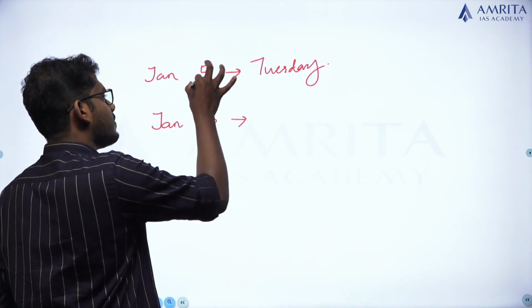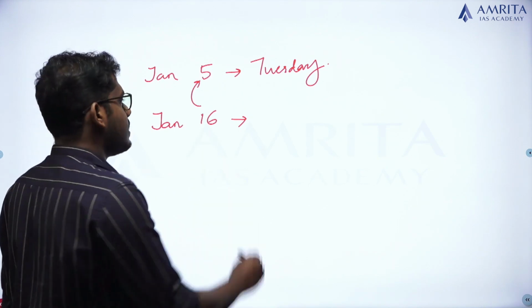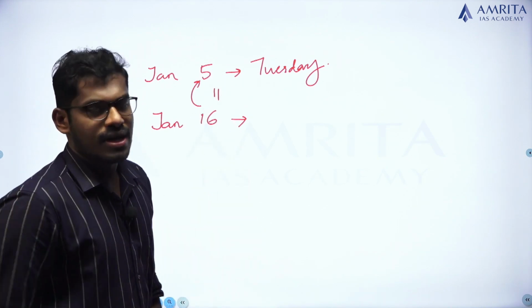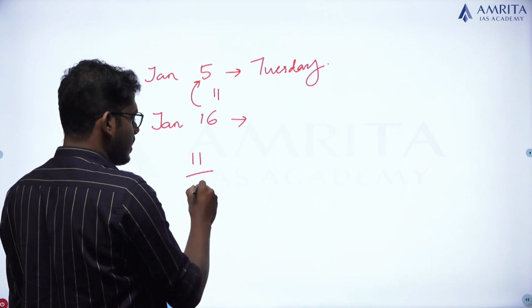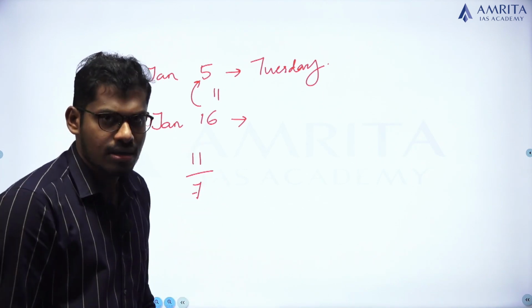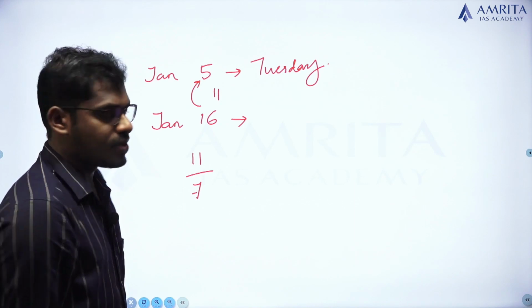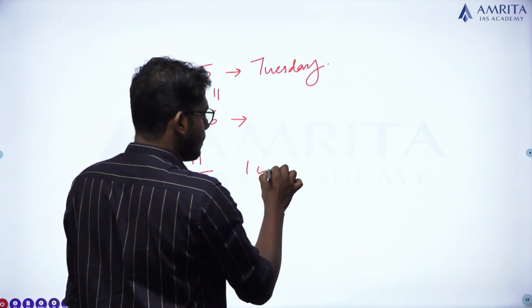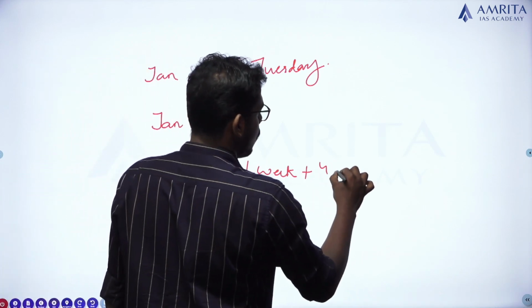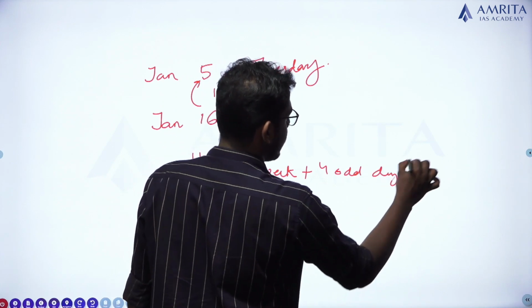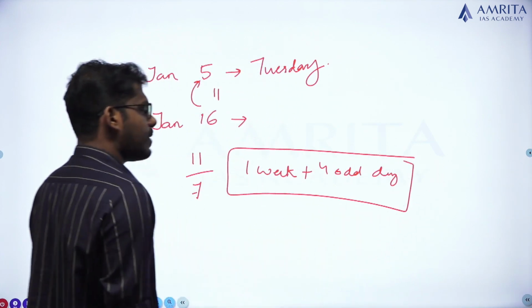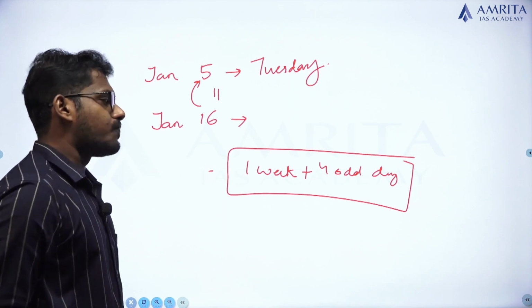See, the difference between 16 and 5 is 11, and then we have to find the number of odd days in these 11 days. So it takes 1 complete week plus 4 odd days. So the 11 days contain 1 complete week and 4 odd days.